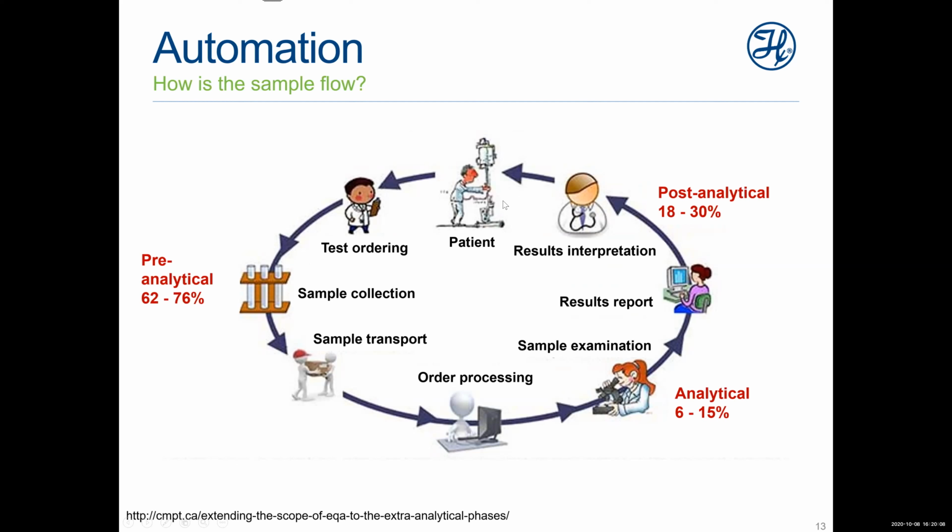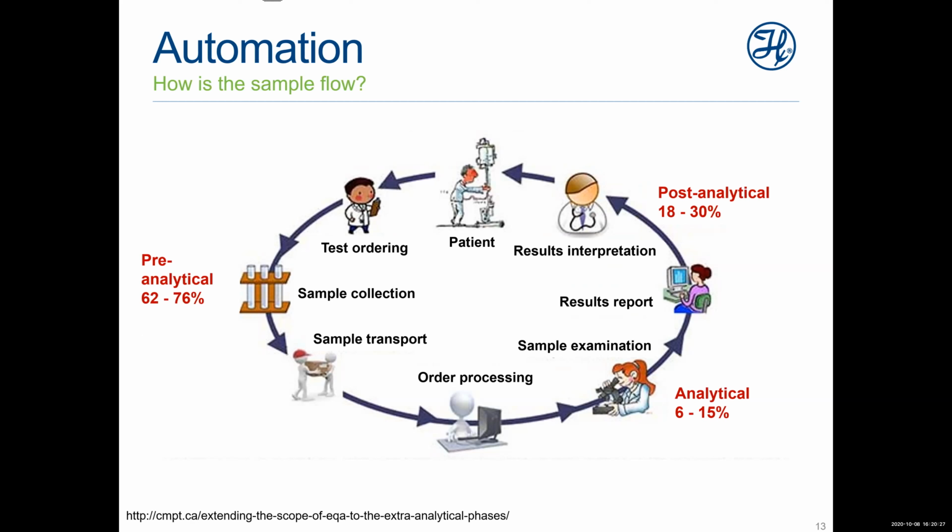In red, around this virtuous circle, you can see the probability to have an error. Obviously, the post-analytical part is outside of our control because it's up to the clinician who made the order to interpret the data correctly.